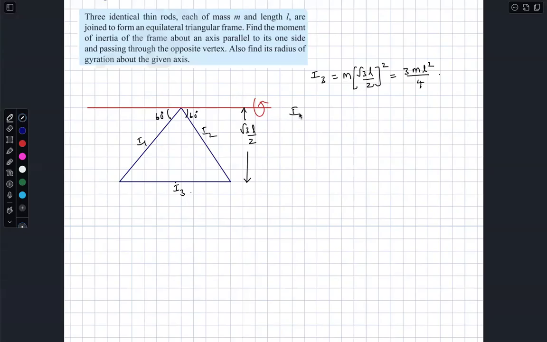Whereas I1 and I2, for a rod at angle theta, is ML square by 3 sine square theta. In this case, it is ML square by 3 sine square 60, and sine square 60 is 3 by 4.